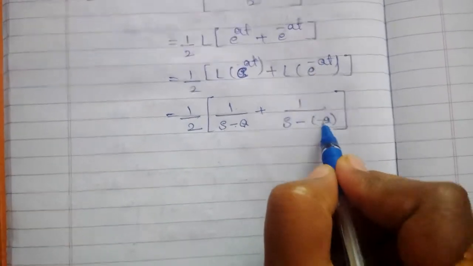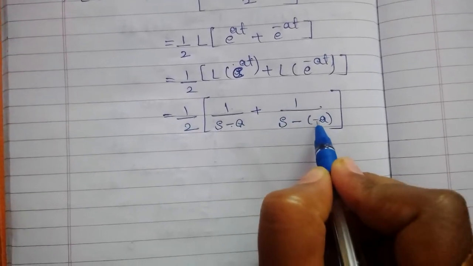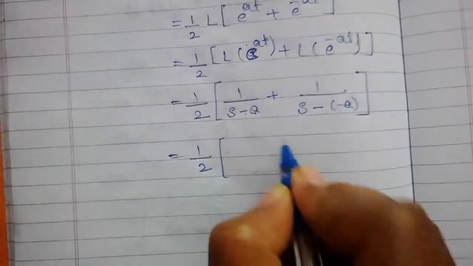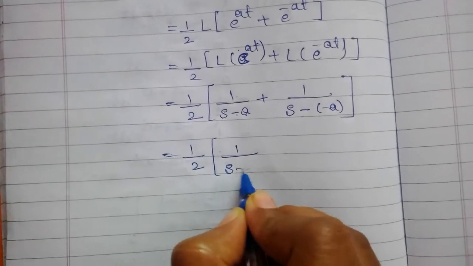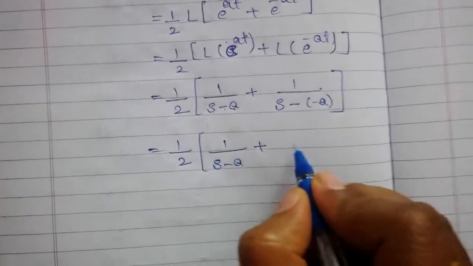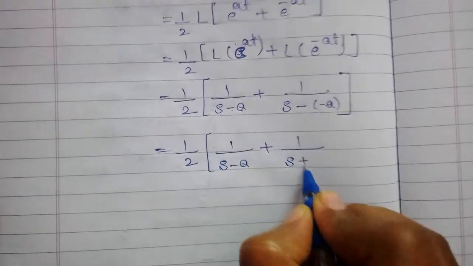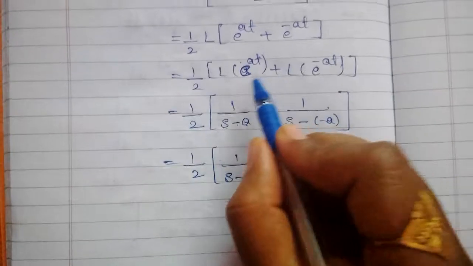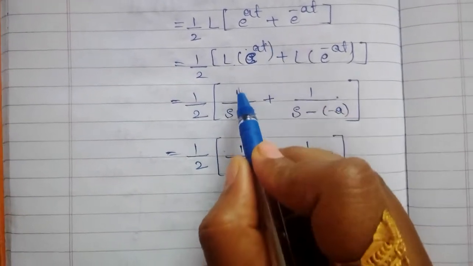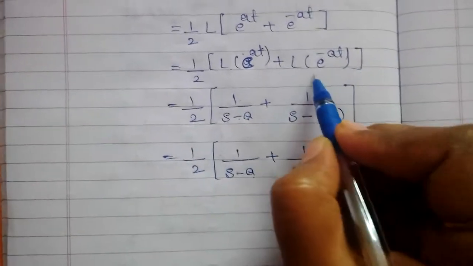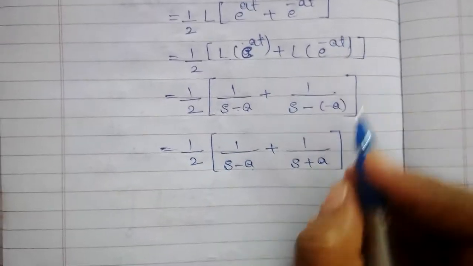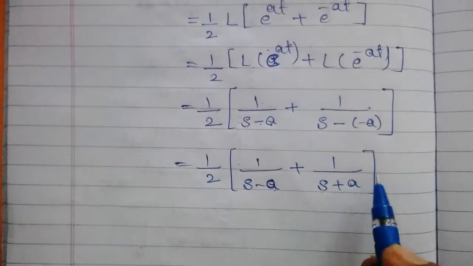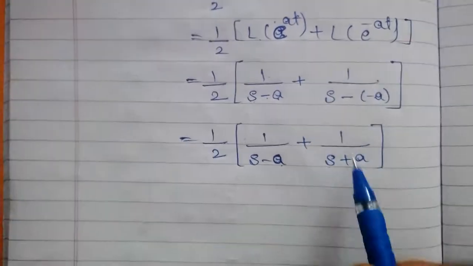Here it is negative, take negative here: s minus of minus a. It will be 1 by 2 into 1 by s minus a plus 1 divided by s plus a. From this result we come to know that Laplace transform of e raised to at is 1 by s minus a and Laplace transform of e raised to minus at is 1 divided by s plus a, from which you can easily remember these results.